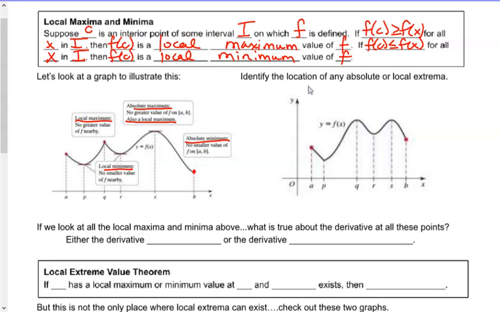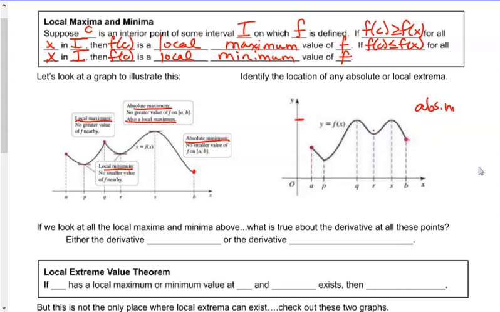Now, can we identify the location of any absolute or local extrema in this case right here? Now, we're going to assume that these are at the same y value here. And notice that's kind of the highest point. We have a nice continuous function, closed interval, so I'm guaranteed absolute max and mins.